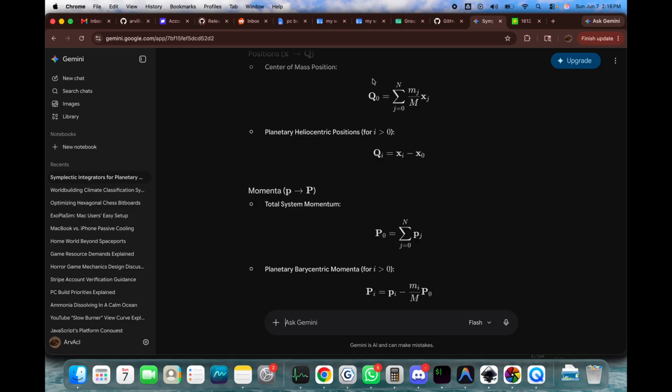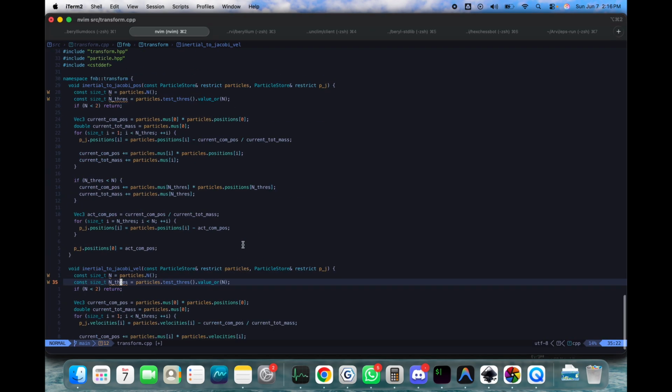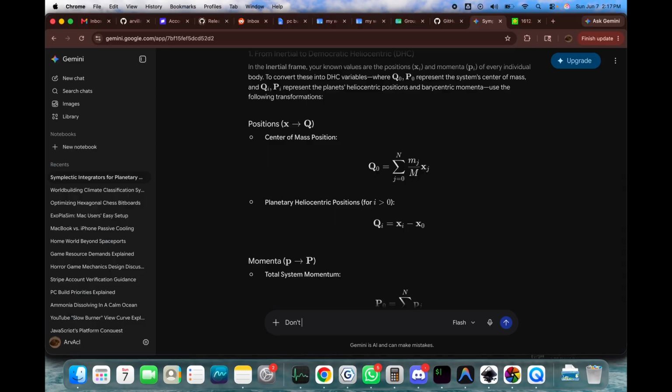So isn't this literally just the center of position? Yeah, I don't know. Total system momentum, that's like barycentric, you know. Should I give Gemini this? Let's give this, but don't give any code.